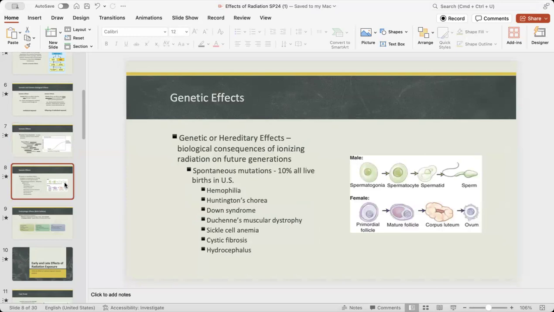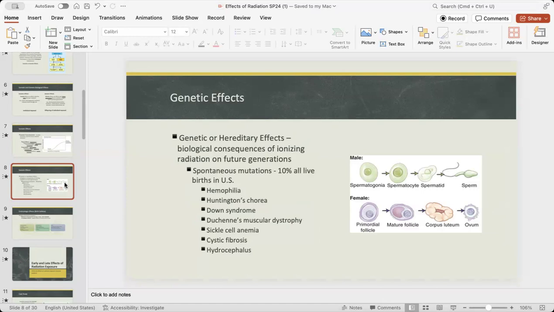So some other genetic effects that can happen from being exposed to radiation are hemophilia, Huntington's chorea, Down syndrome, Duchenne's muscular dystrophy, sickle cell anemia, cystic fibrosis, and hydrocephalus.